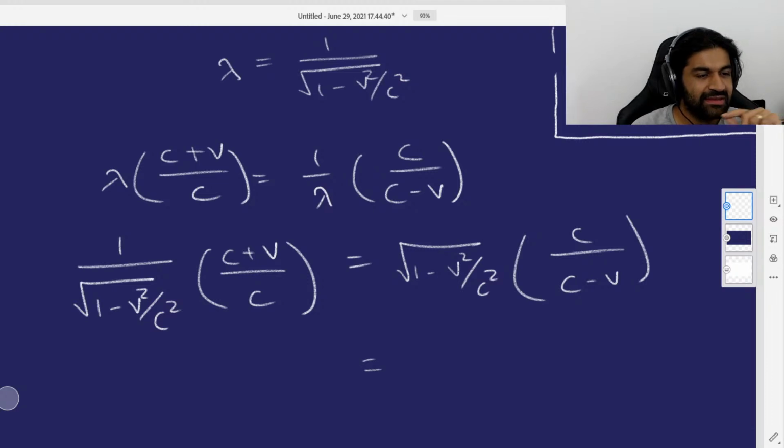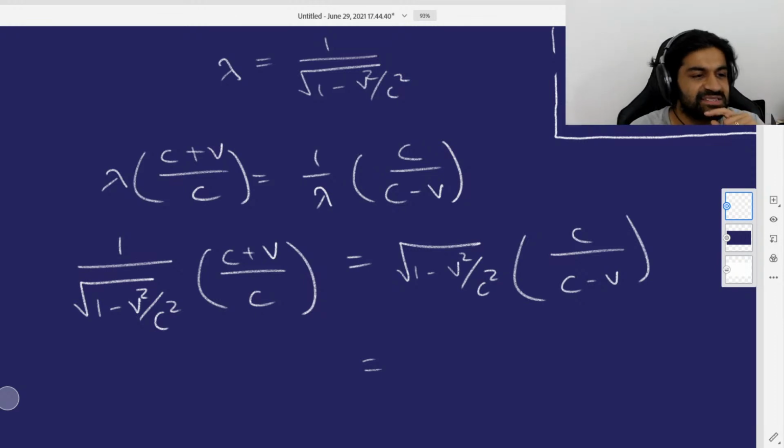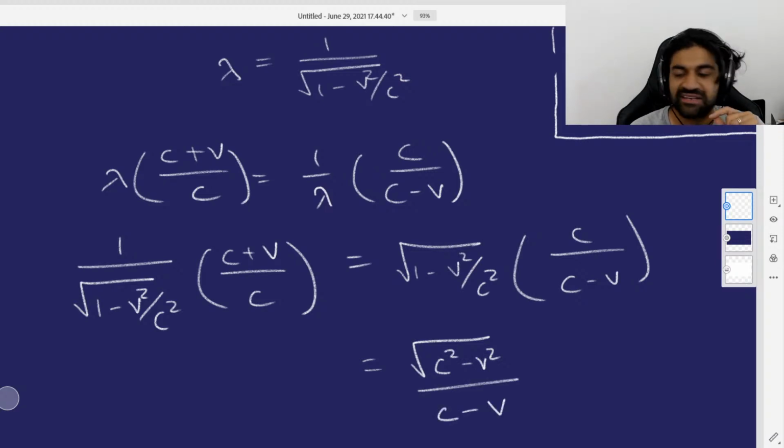So this is a c. If I take this c, turn it into a c squared, and put it inside the square root, I would get c squared minus v squared divided by c minus v, right?